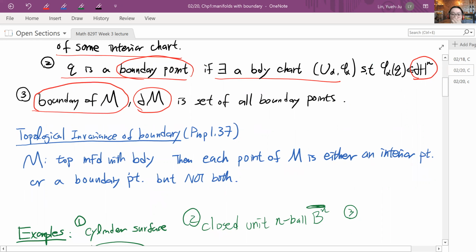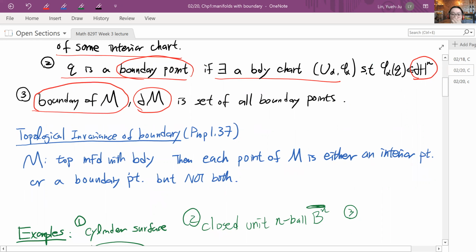I don't want to waste my time stating Proposition 1.40, but essentially 1.40 just lists all the topological properties that we saw before. For example, back then we learned a topological manifold is locally path connected, locally compact, and paracompact.